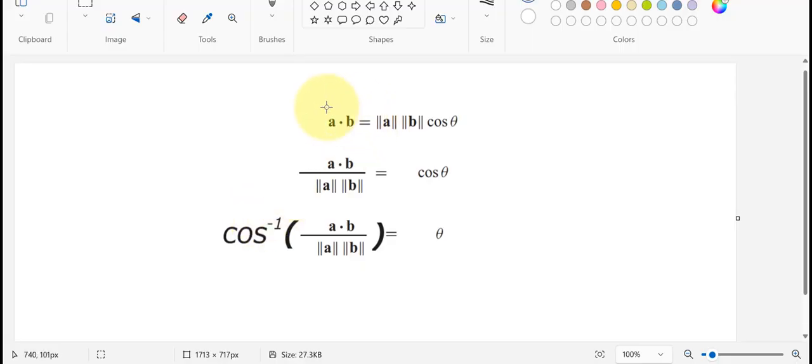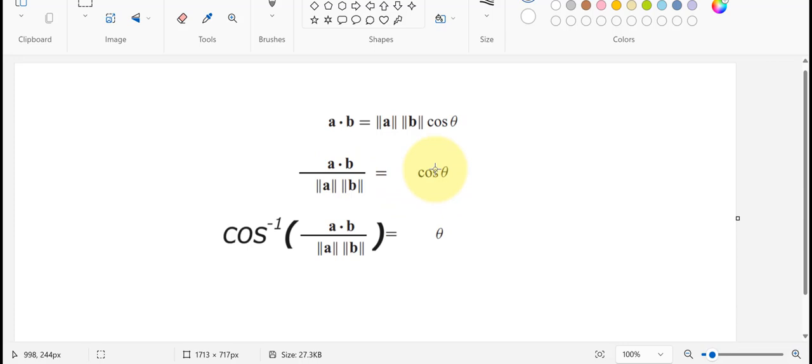So this is what we just said, that A dot B is equal to the magnitude of A, or the norm of A, times the norm of B, times the cosine of the angle between them. Okay, well we can take this part here and bring it down to the denominator over here, like this. So we get the cosine of the angle is equal to this. And then you can take the inverse cosine.